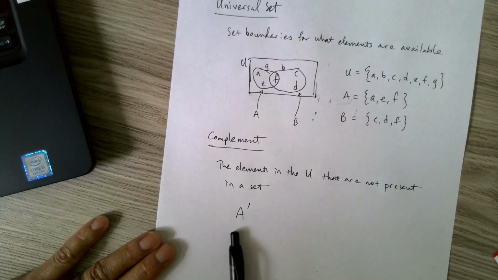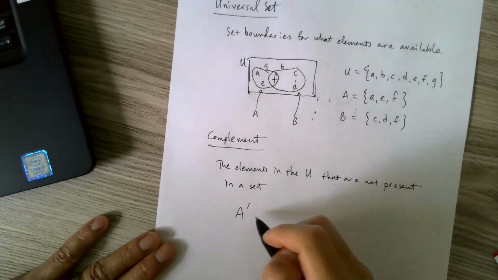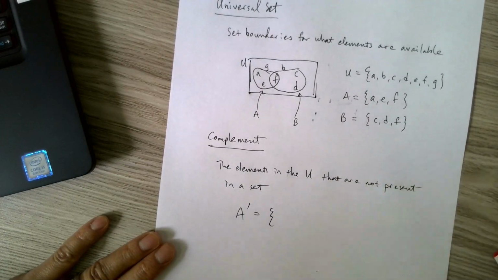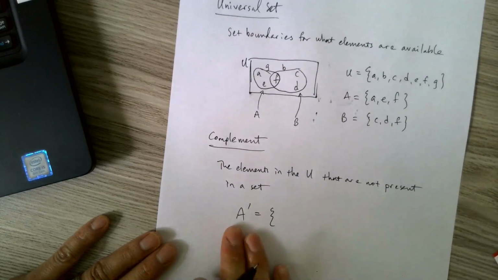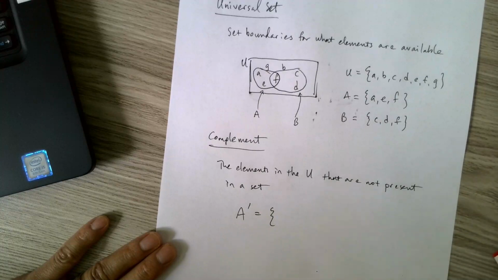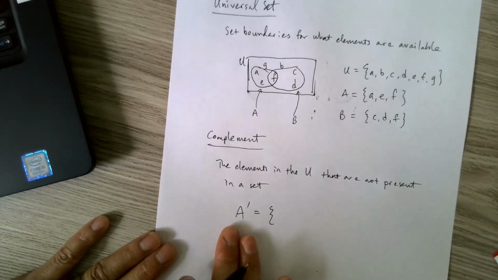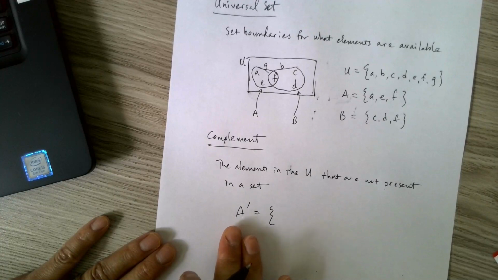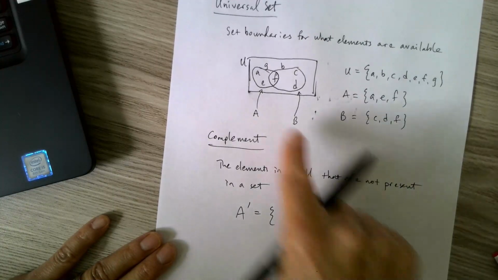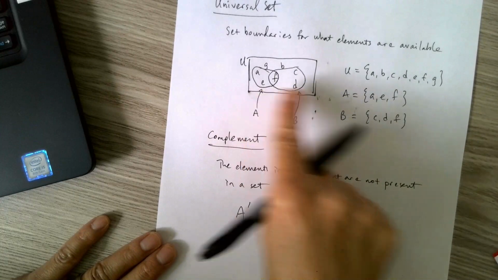The complement of A. So in the complement of A, I'm going to list the elements that are not in A, but are in the universal set, that are in the universe. They just happen to not be in set A. So you can either look at the Venn diagram or you can look here.